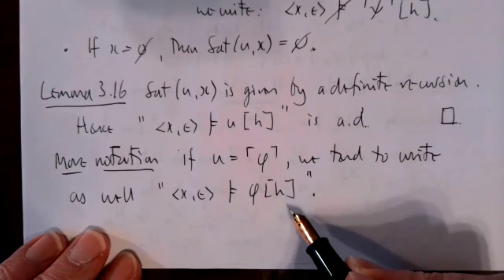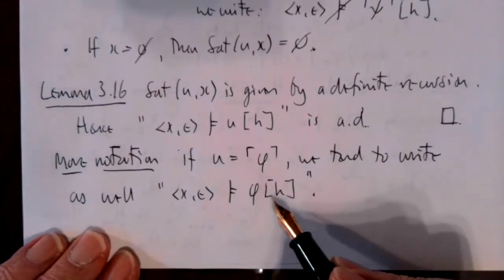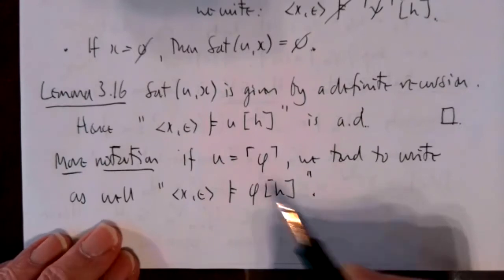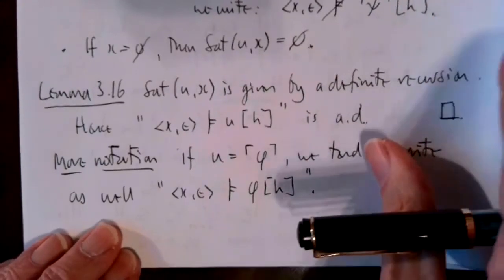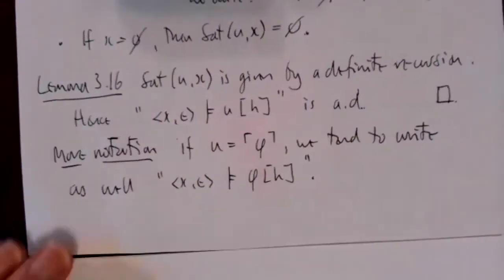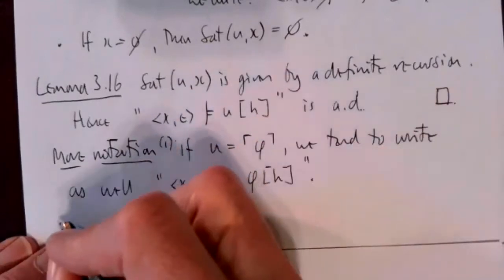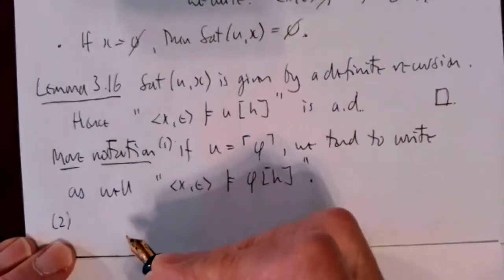Also, it's sometimes useful to display the free variables of phi and the things assigned to them. So another variant here is to do precisely that.